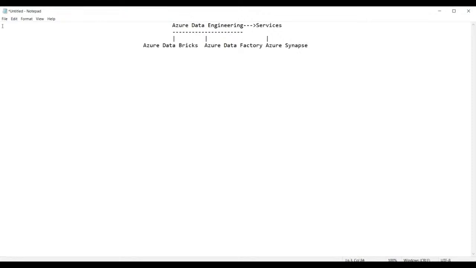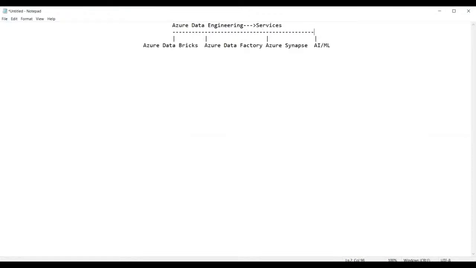Many services are there, but I'm listing a few of them. We also have Azure Artificial Intelligence, AI, or else we can also refer to it as ML, machine learning. These are all the services packed into Azure Data Engineering.